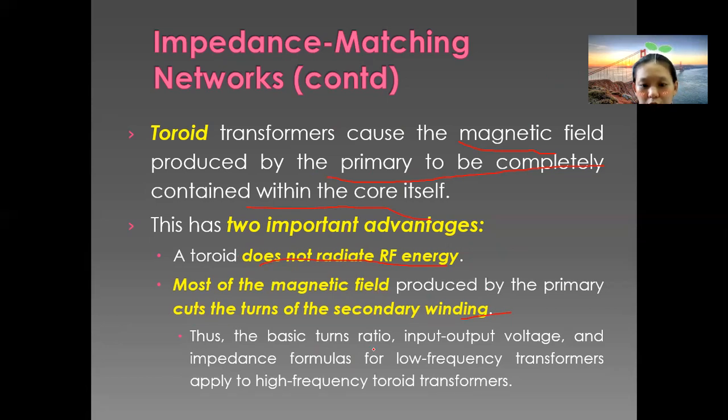So the turns ratio, input voltage and impedance matching network for the lower frequency transformer can be applied at the high frequency of the toroid transformer, due to this advantage.